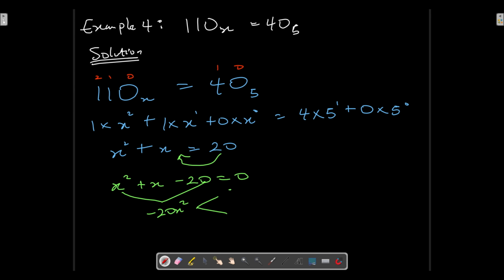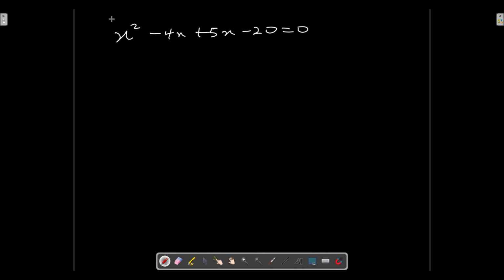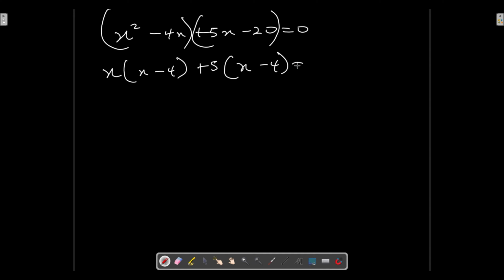So we have 5x minus 4x. We are going to substitute these two numbers for x in the equation. So we then have x squared minus 4x plus 5x minus 20 is equal to 0. So we factorize now. The common factor here is x into x minus 4 plus 5 into x minus 4 is equal to 0.